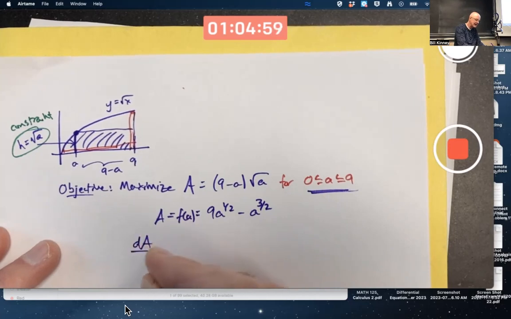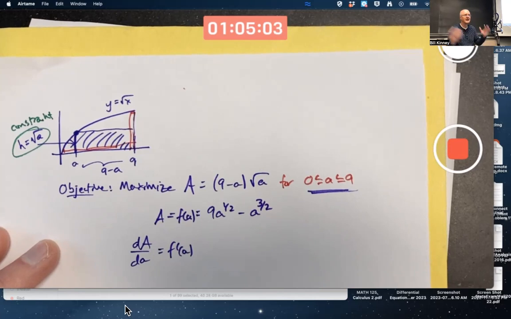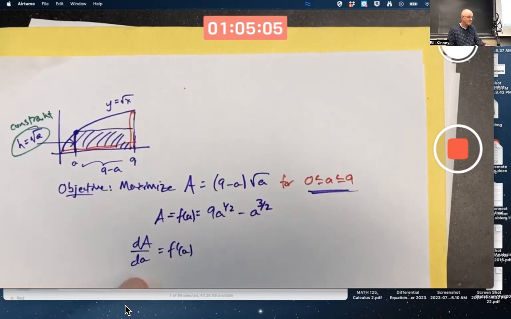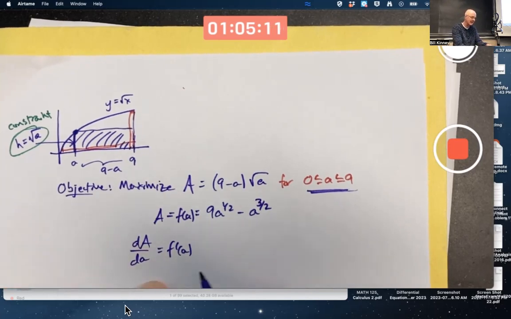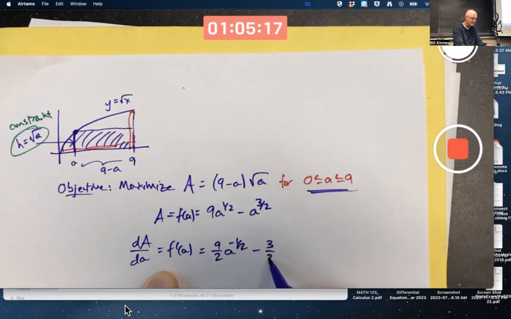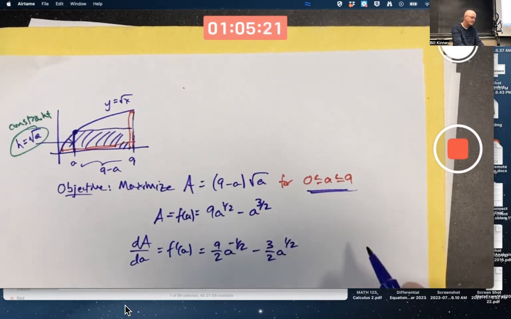What's dA? You've got to humor yourself somehow. What's dA? The derivative of capital A with respect to little a. It's f prime of a. It's 9 halves a to the negative 1/2 minus 3 halves a to the 1/2, right?